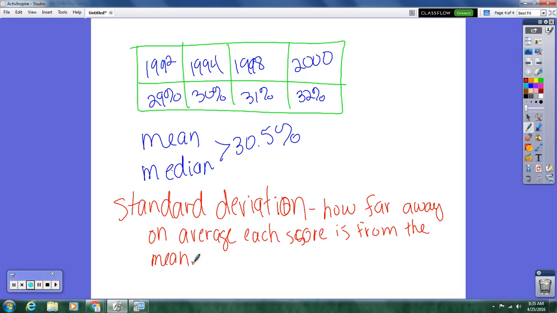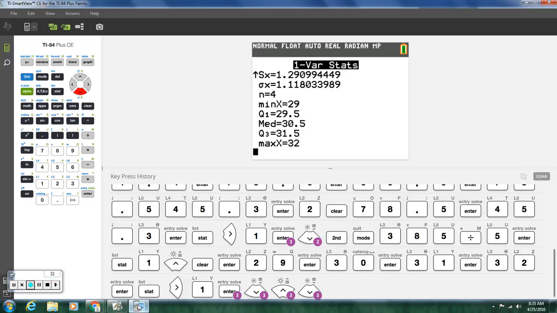It's not difficult to do without the calculator, but it is time consuming. I'm not going to make you do all of that. I'm going to show you where that button is. You got that? Okay, so on the calculator, that's what we just put in.